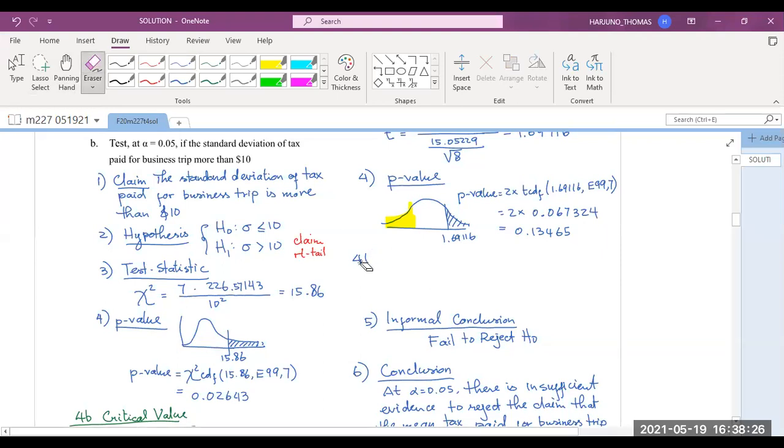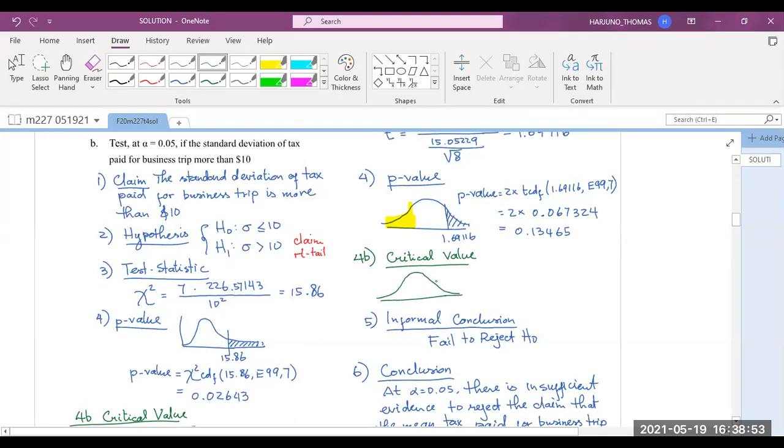Okay, now critical value for our extra credit. Oh, by the way, you can work your critical value after your number 6. You can put it anywhere after step 4. Okay, you can put it anywhere, because what I want to see is actually step 4, not step 4b.